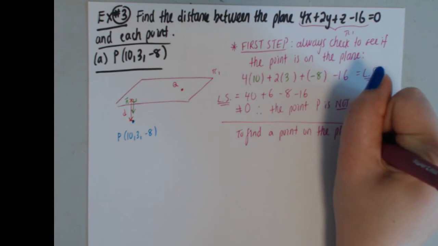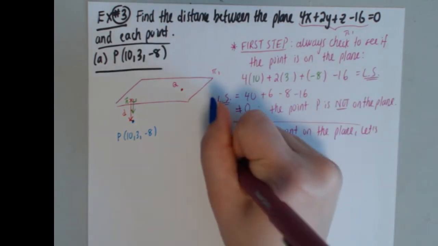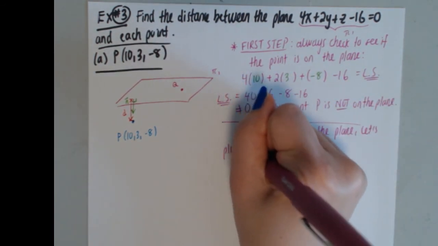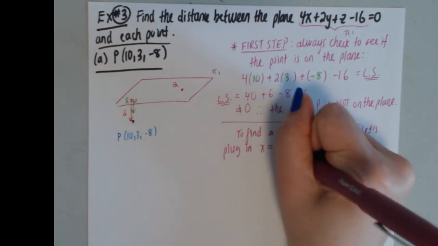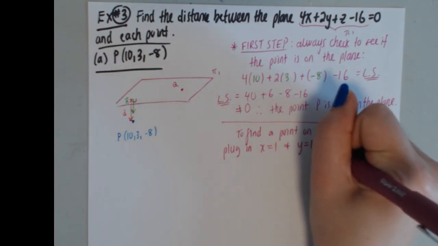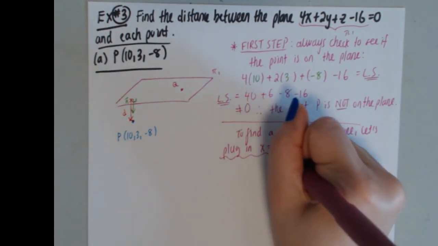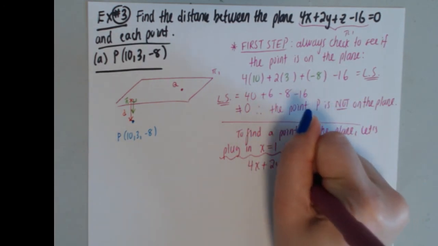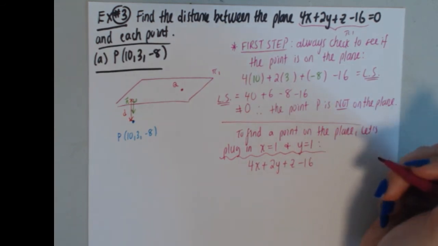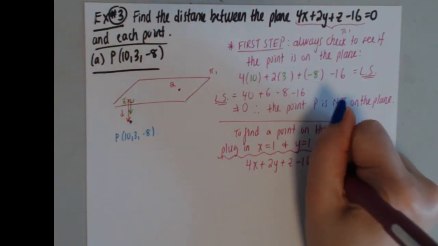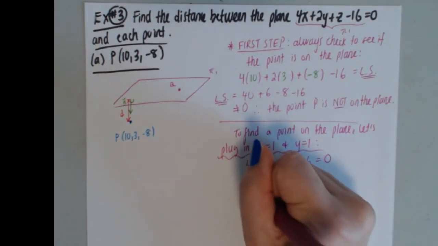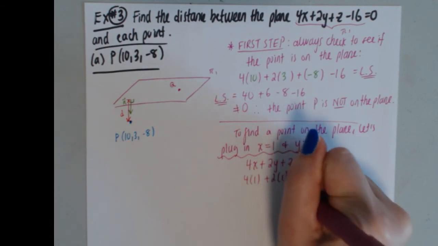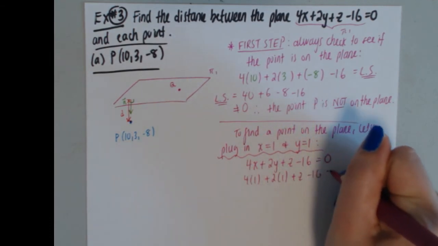So to find a point on the plane, let's not keep this complicated, let's plug in x equals 1 and y equals 1, and find the z value that corresponds to that. So we have 4x plus 2y plus z minus 16 equals 0. So 4 times 1 plus 2 times 1 plus z minus 16 equals 0.